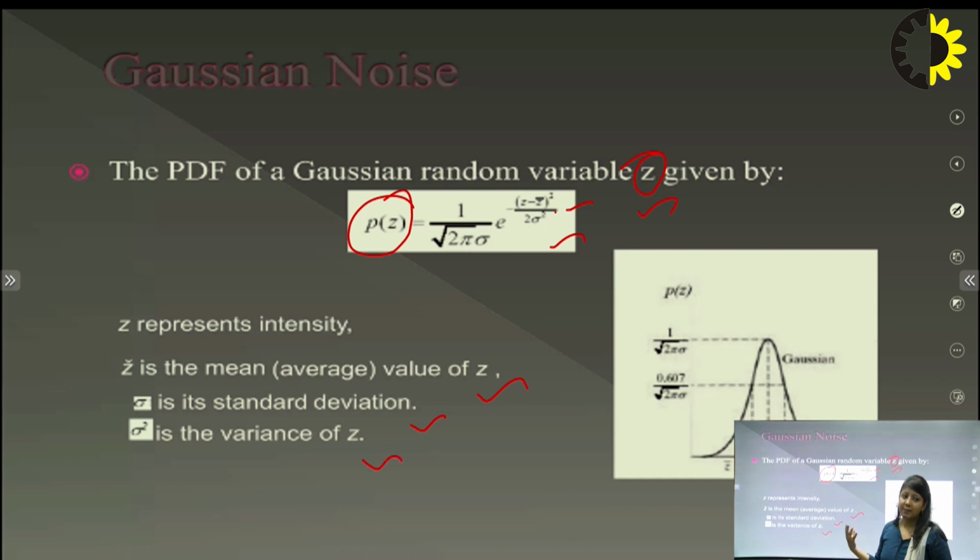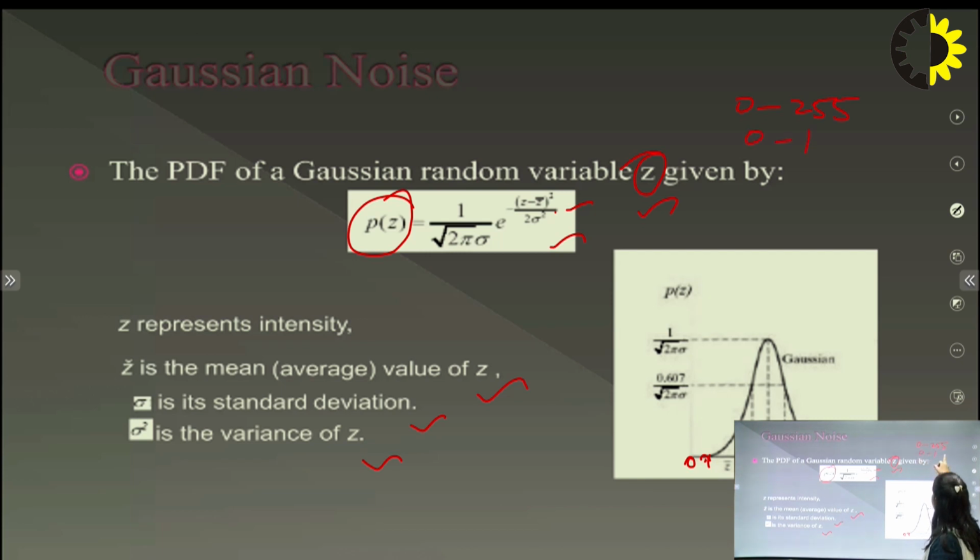So here we apply some mathematical statistics terms like variance and standard deviation. By calculating these values, we can get the value of Gaussian noise, and this is the Gaussian noise curve. The pixel value can be anything. If it is a grayscale image, then the pixel value lies between 0 and 255. And if it is black and white, it means 0 and 1.